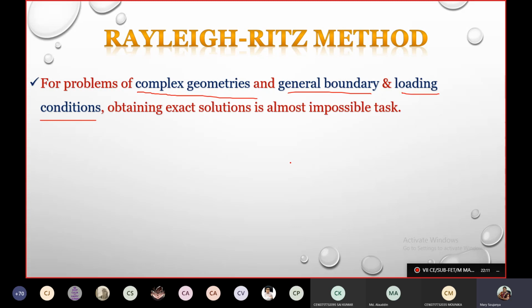Even if we have a normal geometry but complex boundaries or loading conditions, reaching the solution is much more difficult. That is what we saw in the previous sessions. But with these kinds of problems that actually exist in the field, obtaining solutions is next to impossible. But we are not saying it is not possible.